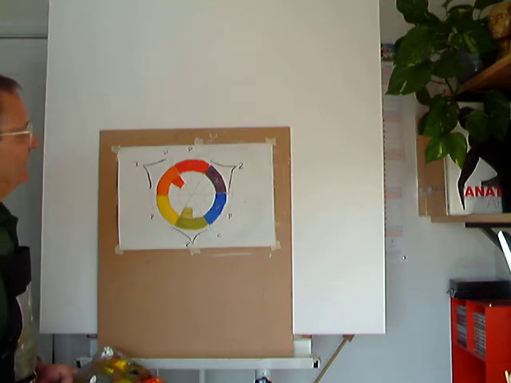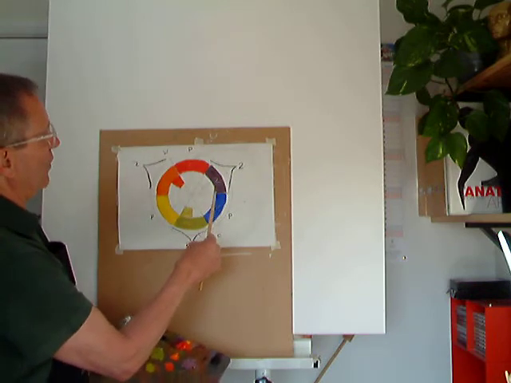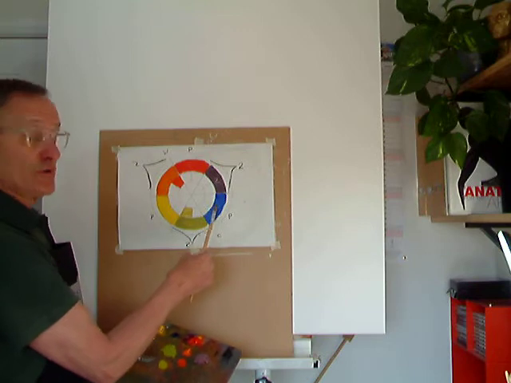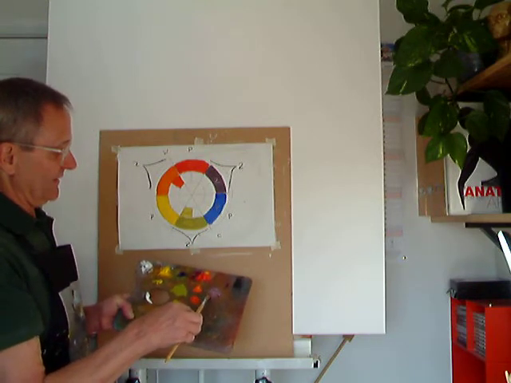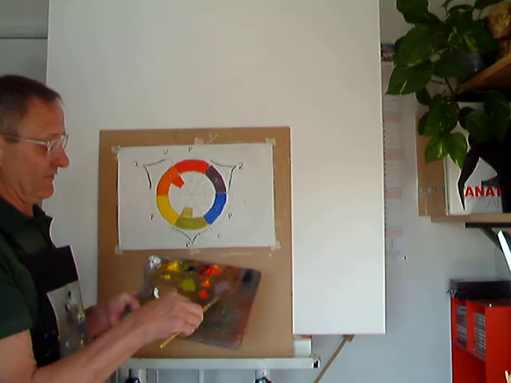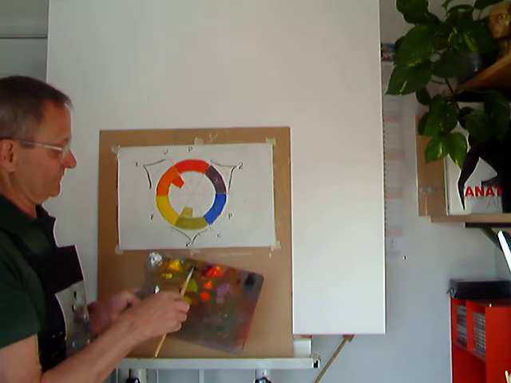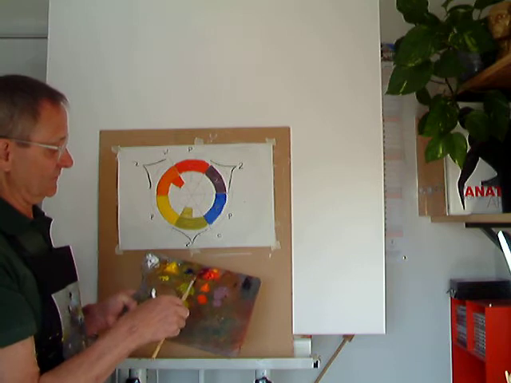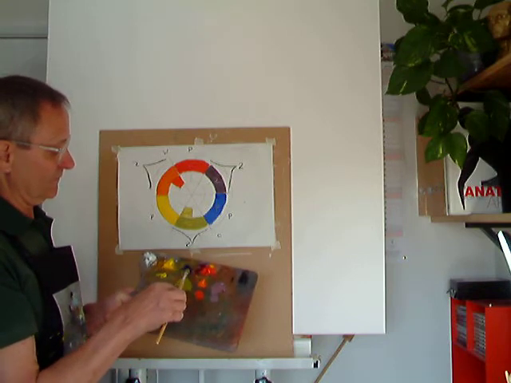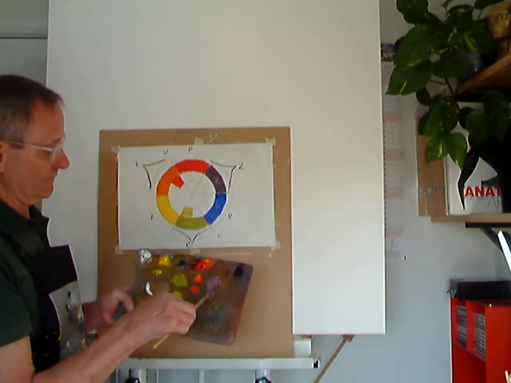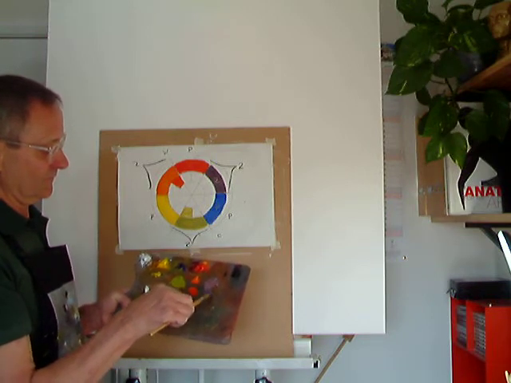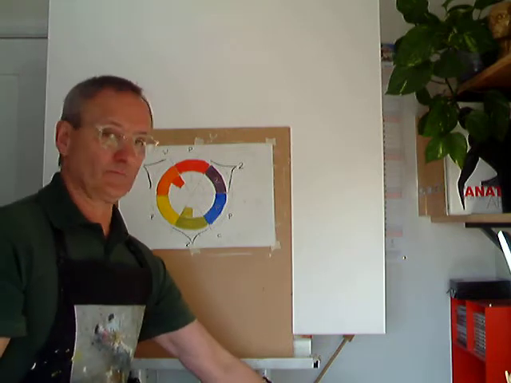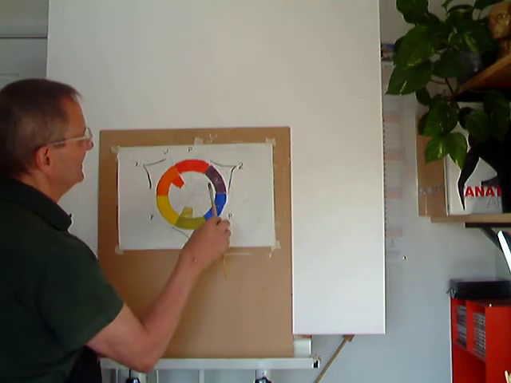And let's have a look at the violet. We'll use our primary blue with the violet. So I'm going to take my purpley violet, add the blue to it, and paint that in this segment.